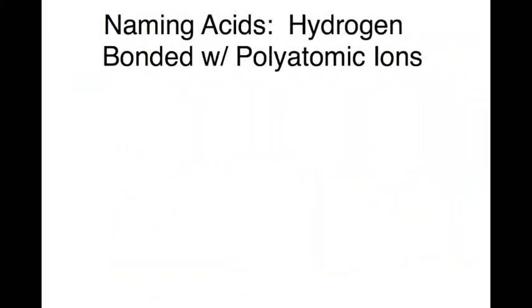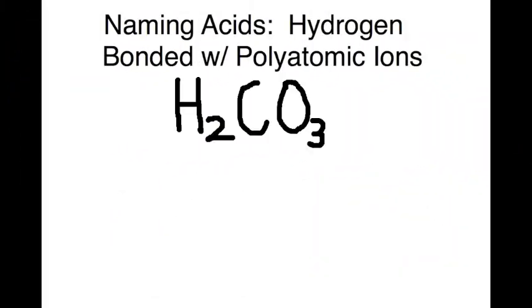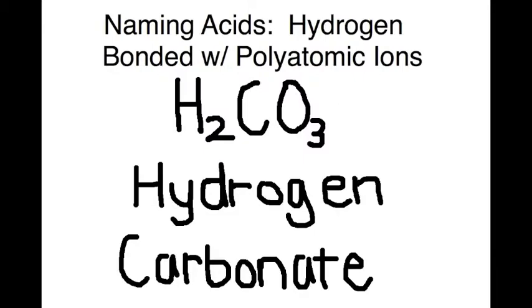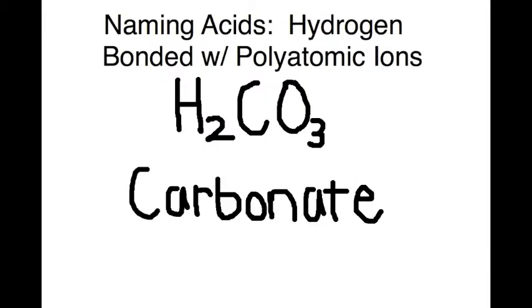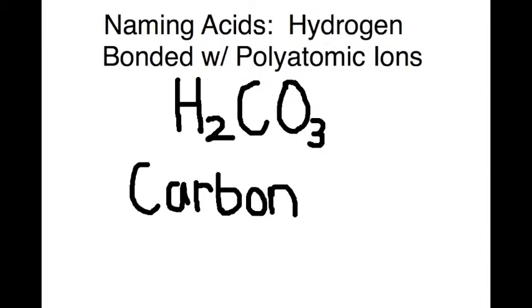But remember, there are different rules when hydrogen is covalently bonded to a polyatomic ion. All hydrogens that are written as the first part of the formula of an acid are removed. The polyatomic ion is left over. When the remaining polyatomic ion has a name ending in the suffix ATE, the suffix is replaced by IC.